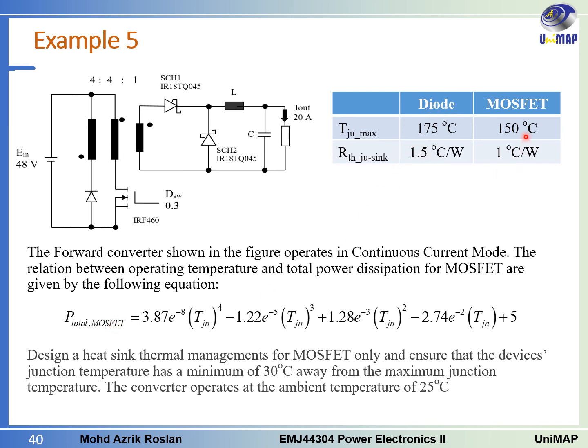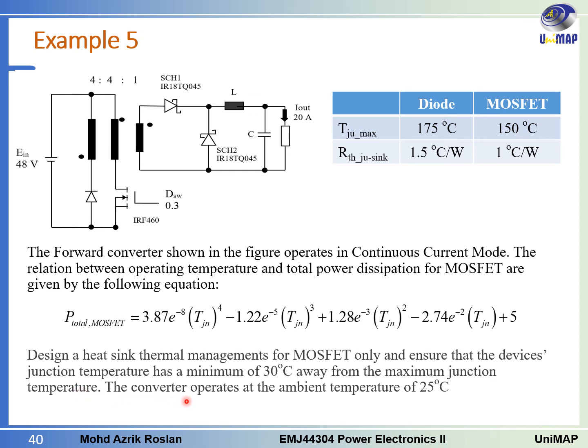And in this table, it gives the maximum junction temperature for the diode and MOSFET, and the thermal resistance for junction to sink for diode and MOSFET. However, based on the question here, design a heatsink thermal management for MOSFET only and ensure that the device junction temperature has a minimum of 30 degrees C away from the maximum junction temperature.